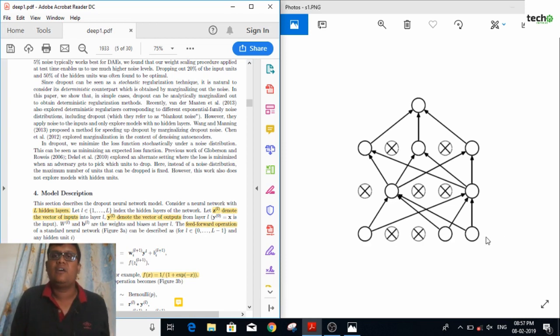You can have any number of layers, n layers starting from 1 and ending at the nth value. These are the L hidden layers, so L is the range from 1 to small l. Different layers. That is the very first one.